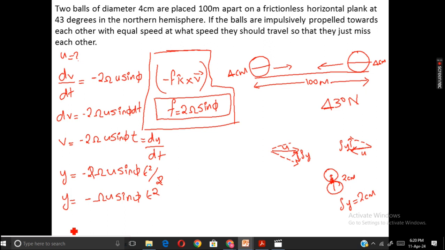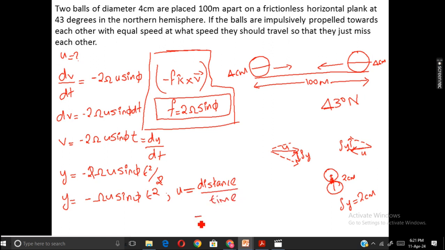Now, u, the velocity with which the ball is moving, we have to calculate. The velocity will be basically distance by time.